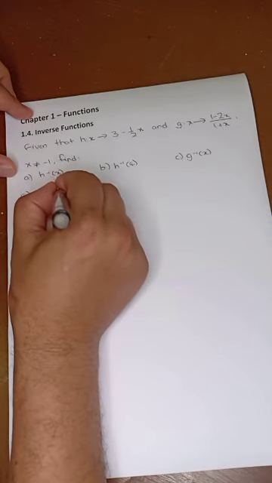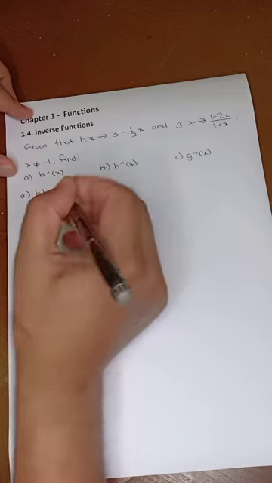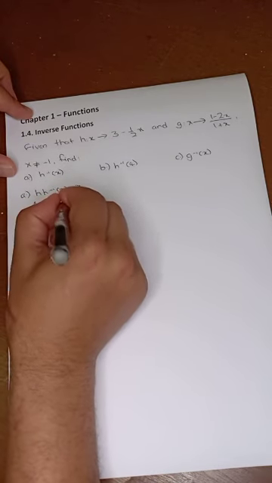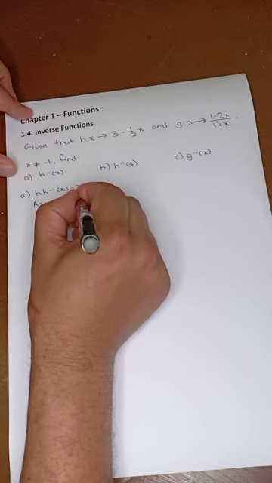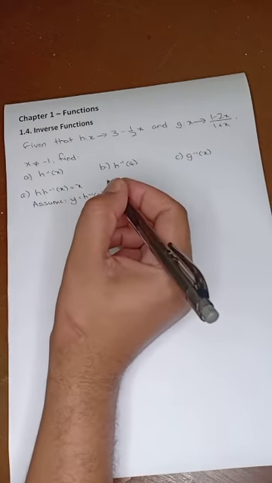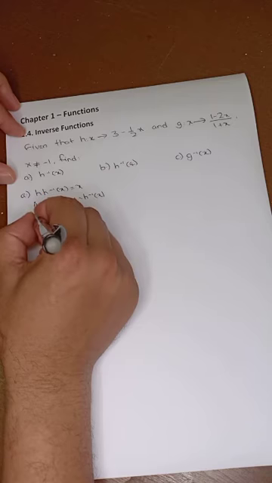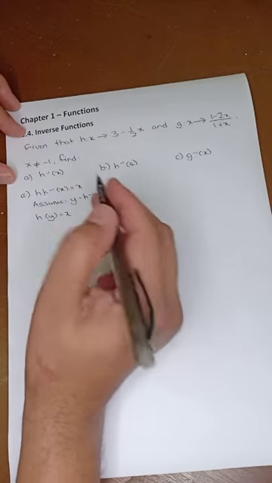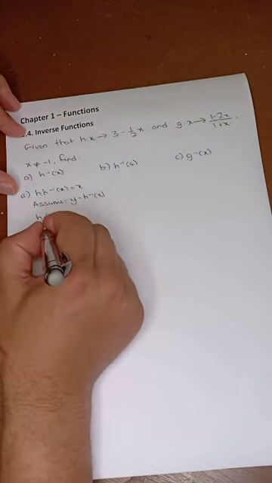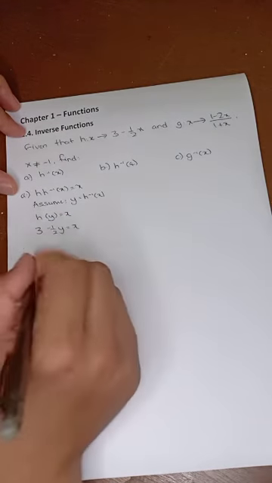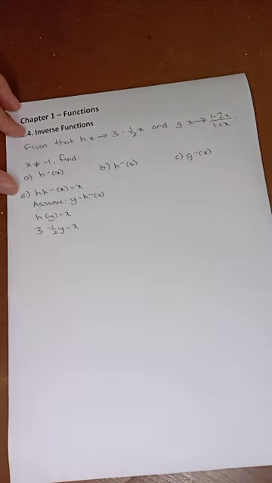h inverse x equals x. Then you do assumption: assume y equals h inverse x. So h(y) equals x. h(y) is 3 minus 1 over 2y equals x. Make y the subject of the formula.